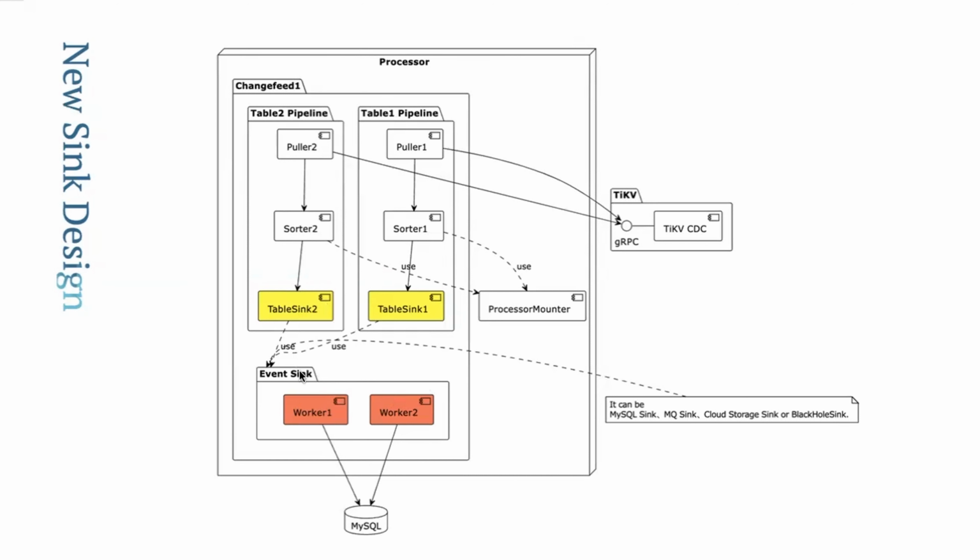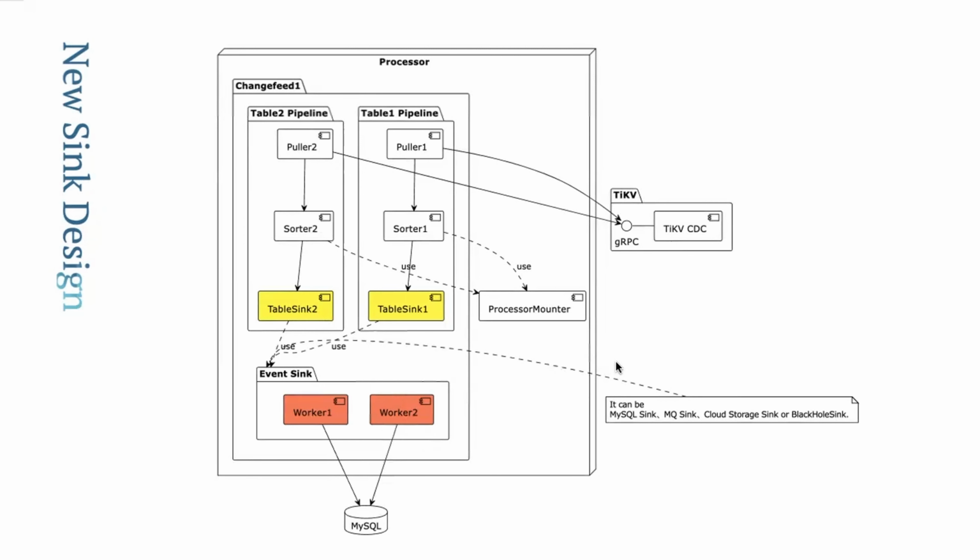We just have some workers that handle writing the row change events to the TiCDC system. We don't care about the table information here. Every time you give me an event, I write the event. We just care about what kind of event you want to write to the downstream.